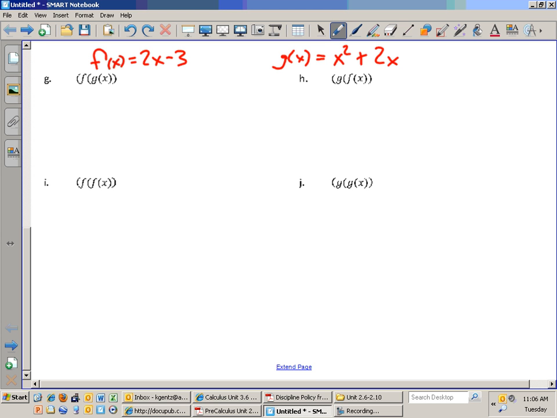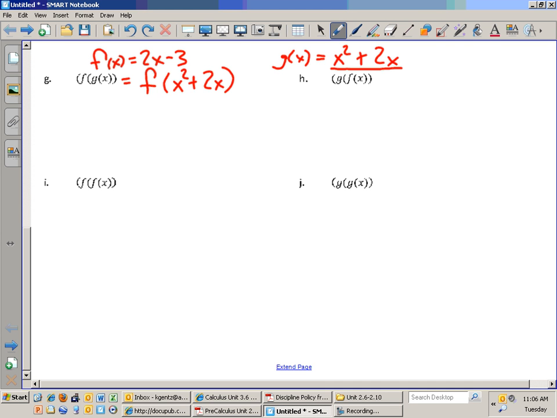So what is g of x? It's x squared plus 2x. What I really need is f of, note that g of x is x squared plus 2x. So I've got f of x squared plus 2x. So that's what I'm really being asked to do.